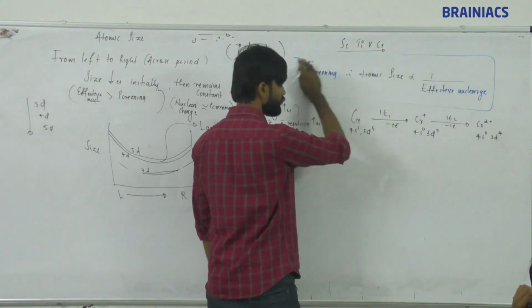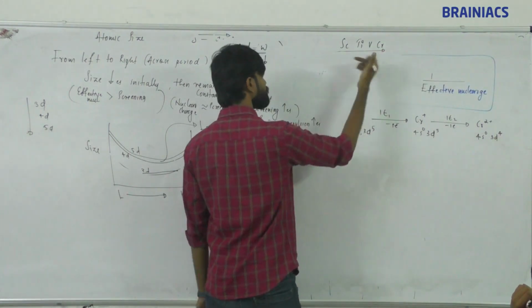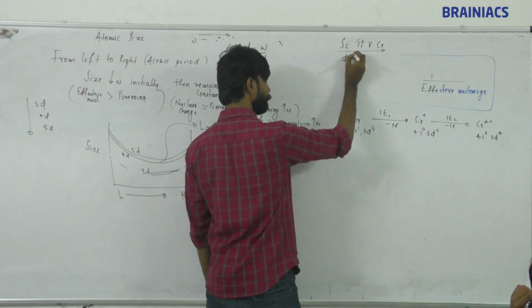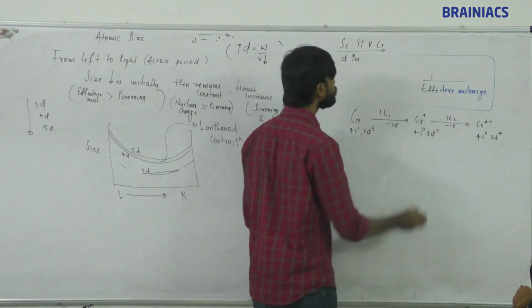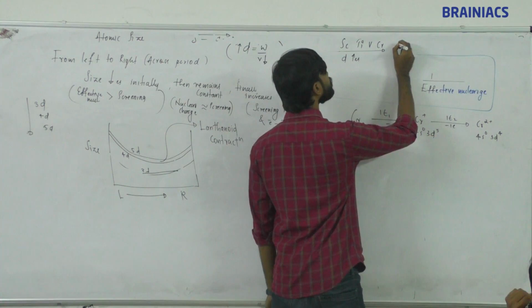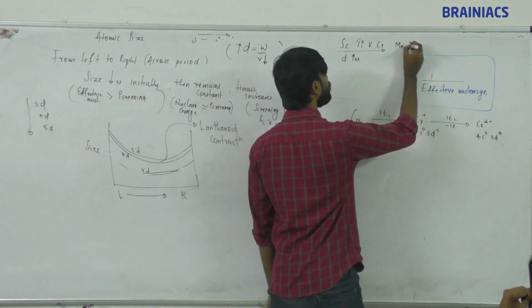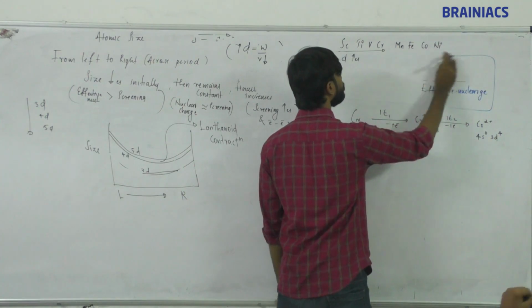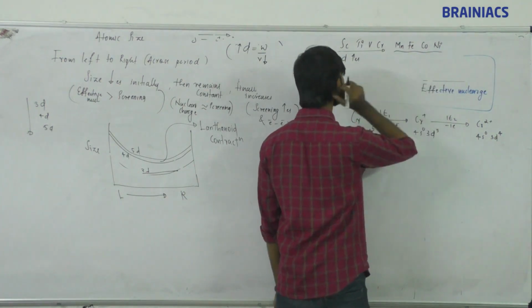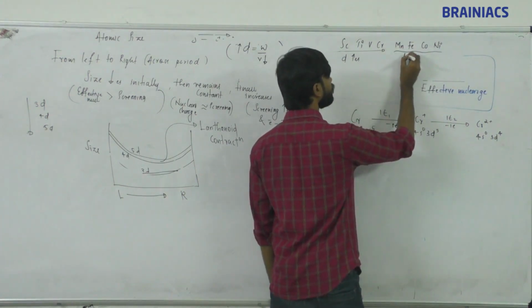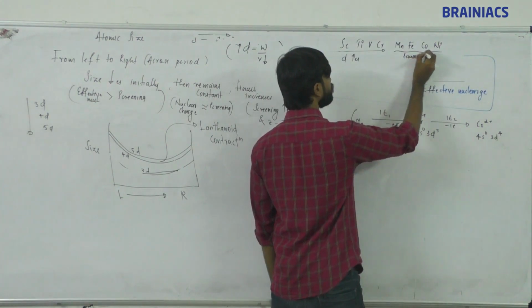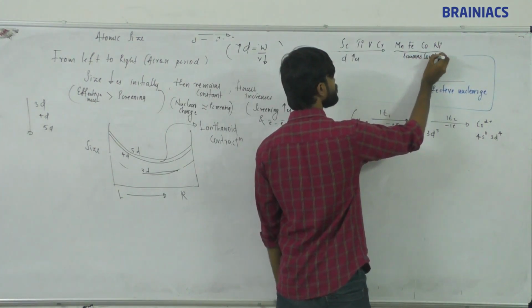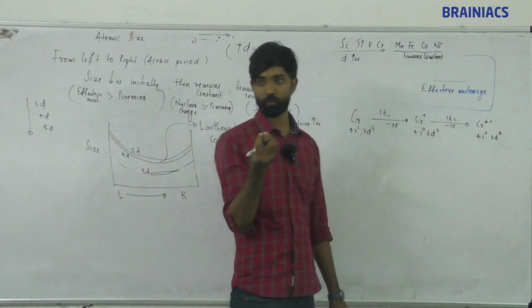Size first decreases, so density increases. Then manganese, iron, cobalt, nickel: up to this one it remains constant, meaning nearly constant, with a small increment.